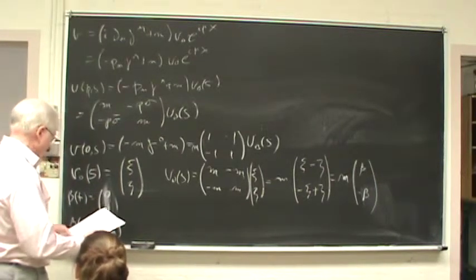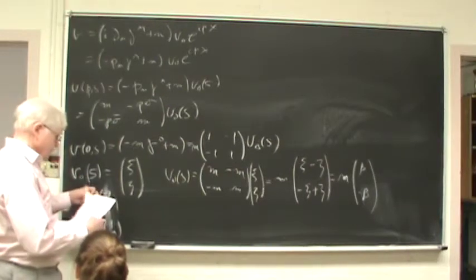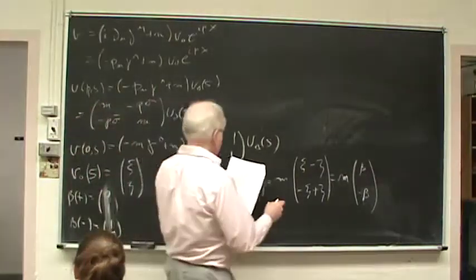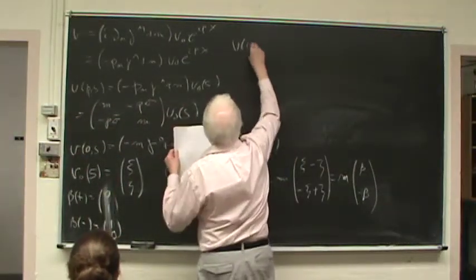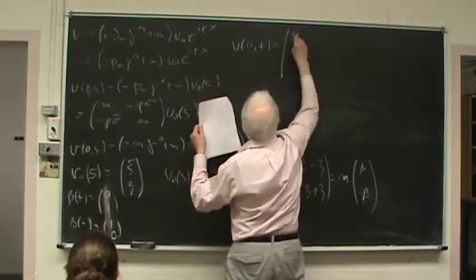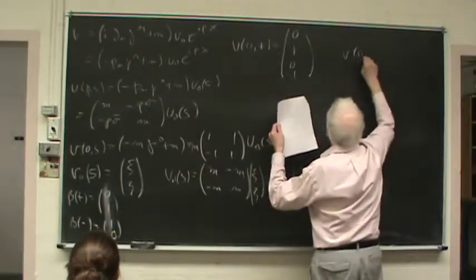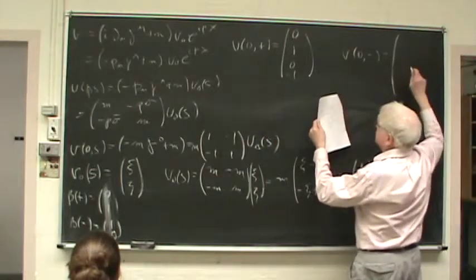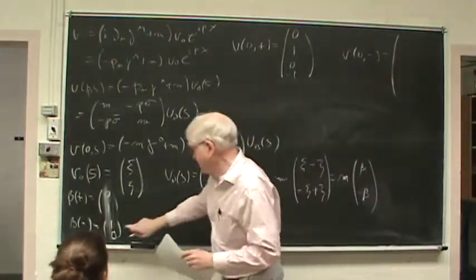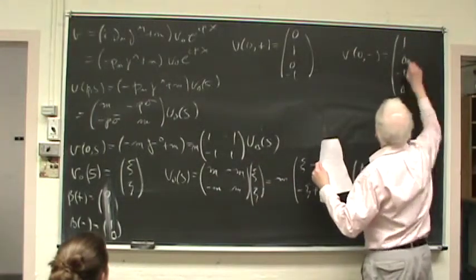So what do we have? We have a different choice here of betas. And so v of 0 plus, then what we're going to have is 0, 1, 0, minus 1, and v of 0 minus is going to be, let me get this right, 1, 0, minus 1, 0.